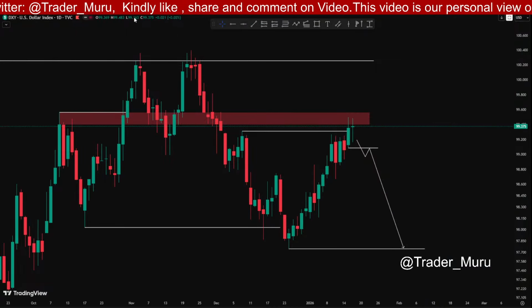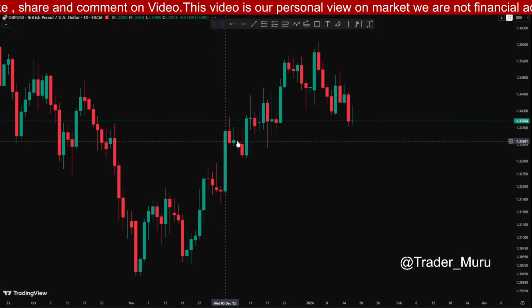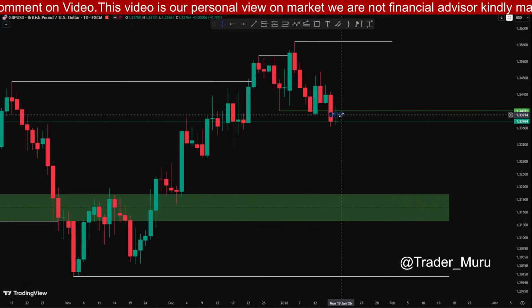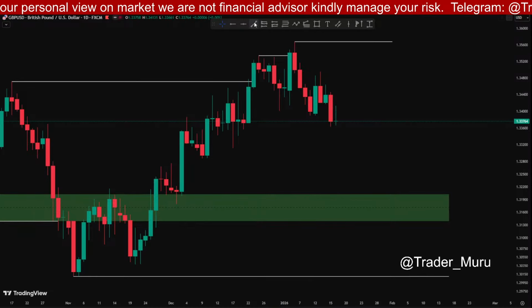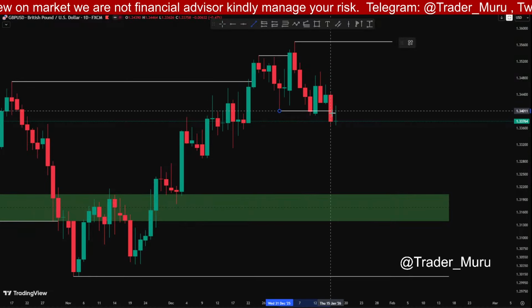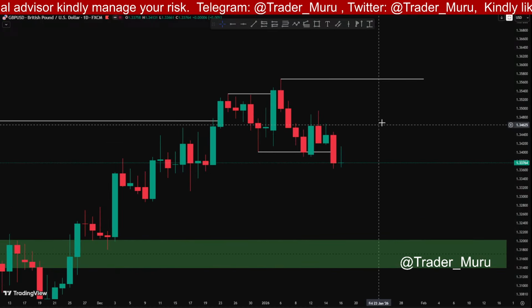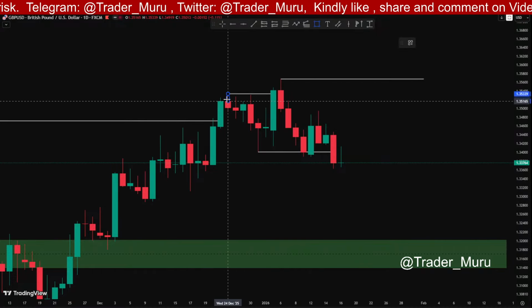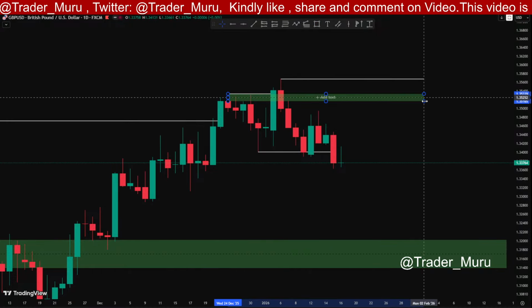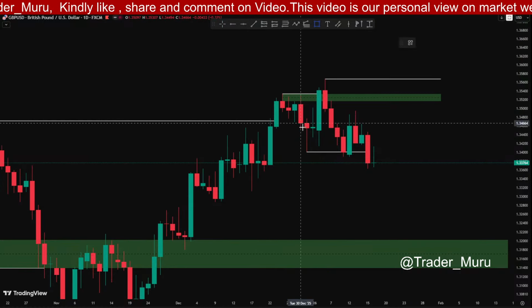Okay, and let's see another asset. So in GBP we have a change of character. This is our daily time frame change of character. So if GBP pump here again, you should be watching for short from here. First zone is this one.